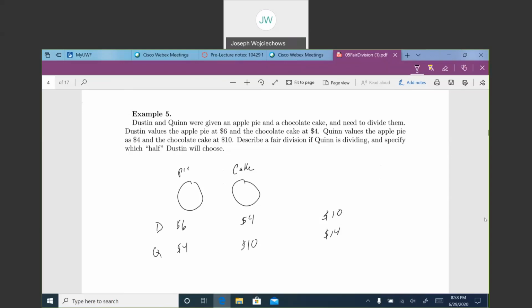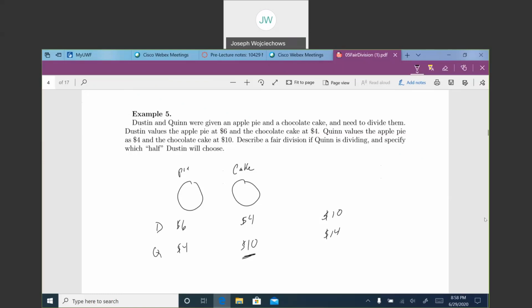So, one way to look at this, the most obvious way, of course, is half, but that would be too easy. So let's look, and Quinn really likes chocolate cake.